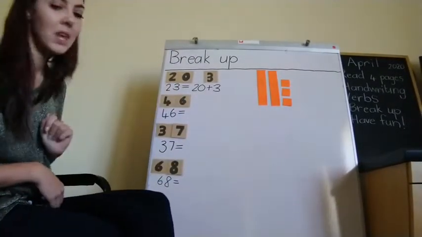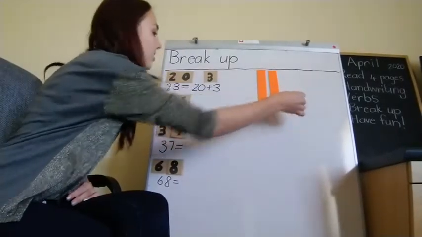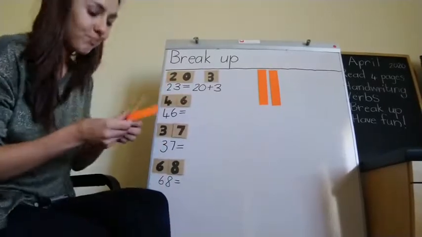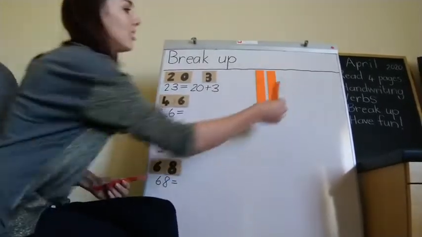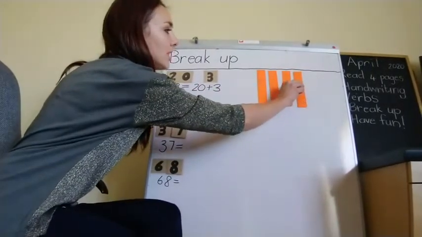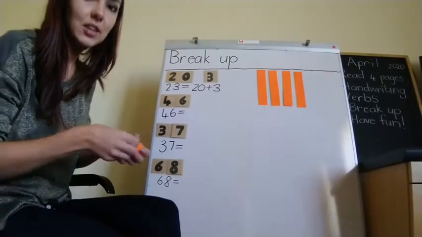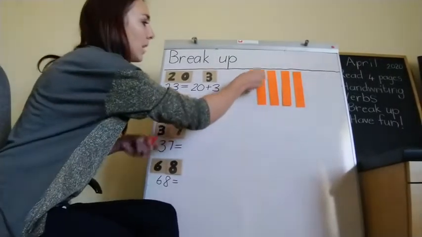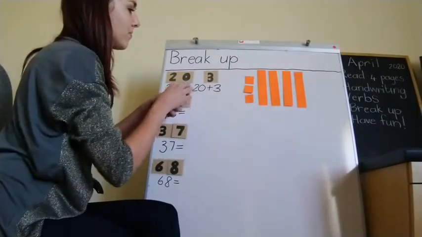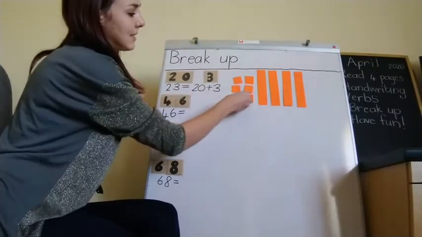Okay, so the next number that I've got here is 46. So I'm going to now use my concrete objects to make 40. So 10, 20, 30, 40, and then I've got 6 units. 1, 2, 3, 4, 5, 6.